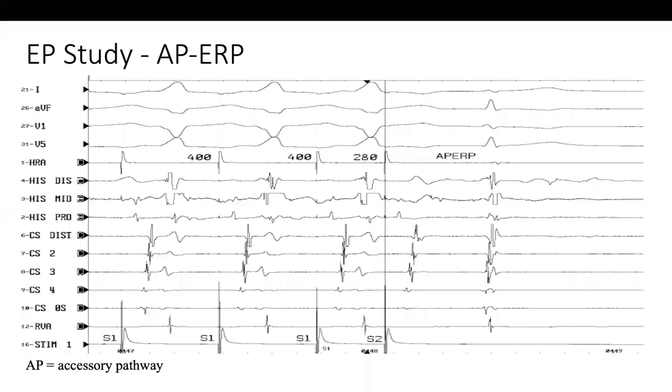In the EP lab, I believe that adenosine should not be used unless you are really forced to, because there is some kind of adenosine response in accessory pathways. Some accessory pathways might even respond to adenosine, which is very rare, but you can get it, so you will get more dilemma. So my advice is not to use adenosine unless there is a real need for it.